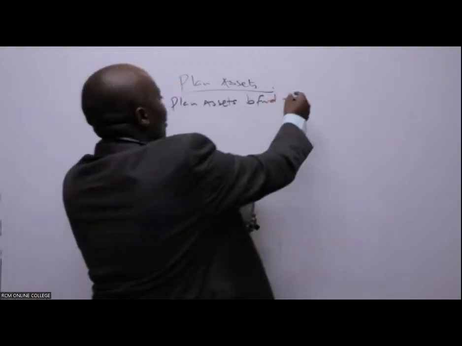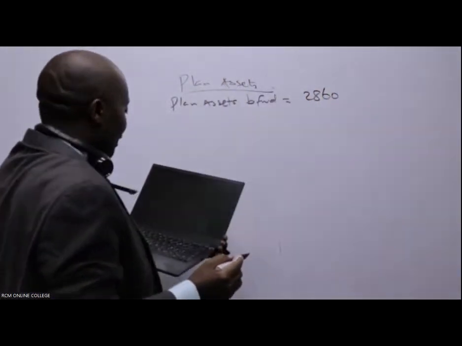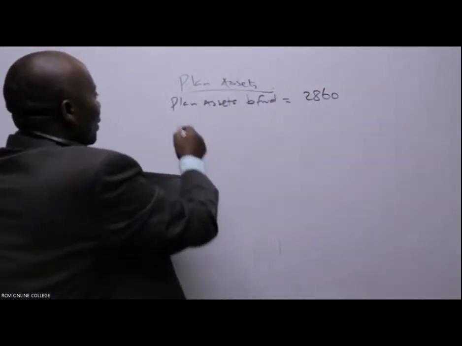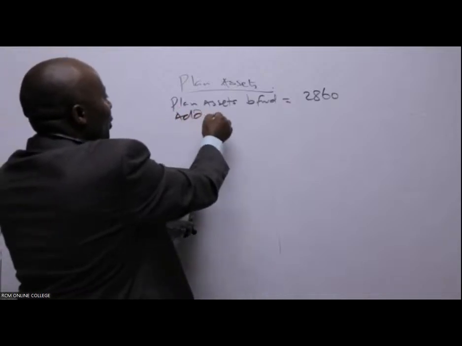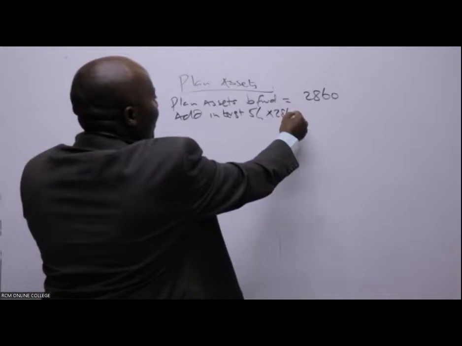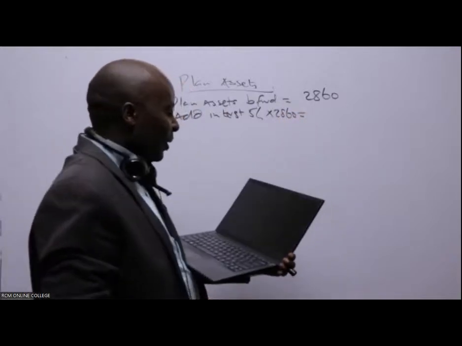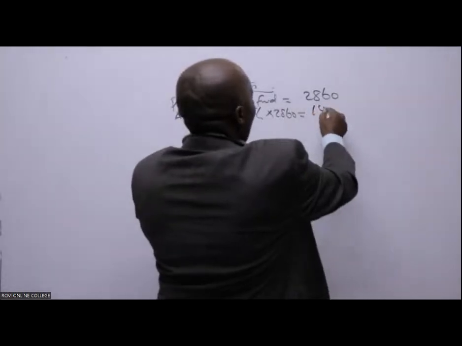2860, yes. So once you have these plan assets there as 2860, straight away we shall add interest income. Interest, what is the percentage? 5% times 2860, which gave you guys what figure? 143.